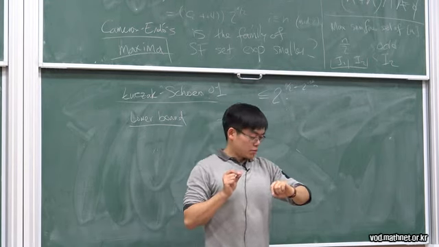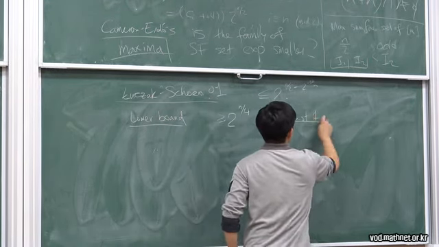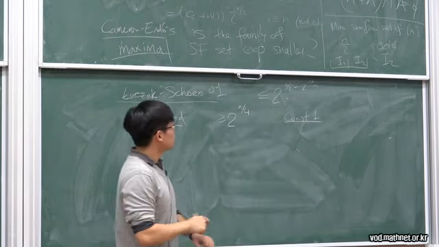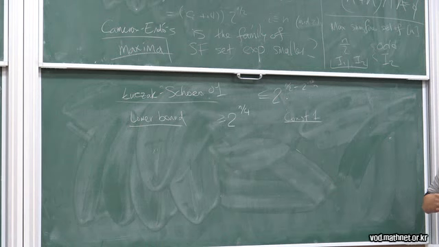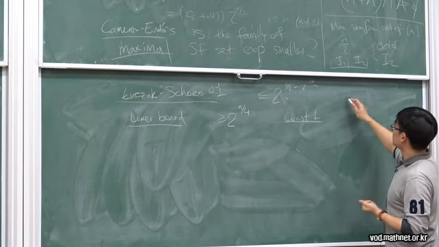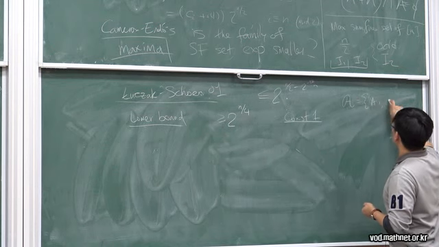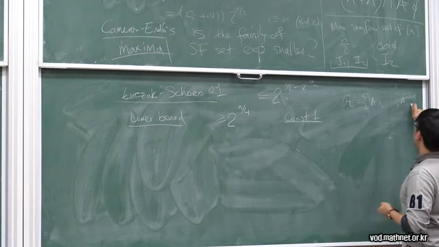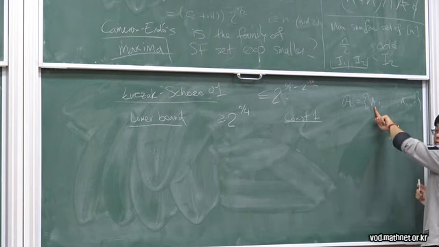There are two types of constructions. I will just mention one. We want to generate maximal sum-free sets.